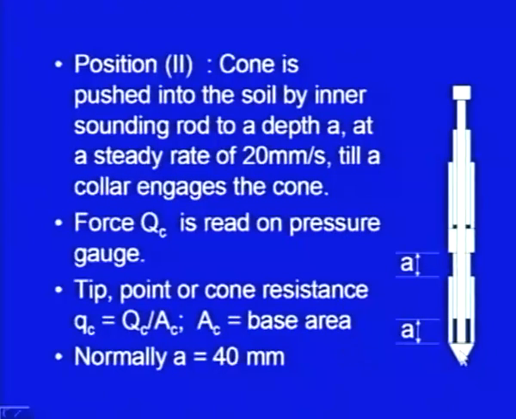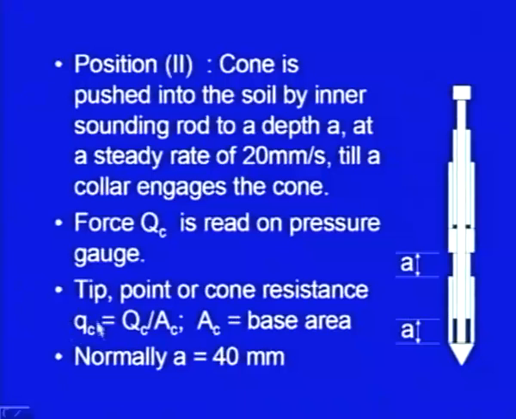Now, this QC force which is required to cause this penetration can be represented in terms of what is called tip resistance or point resistance or cone resistance. So, here at the tip of the cone, the force required per unit area is the tip resistance.